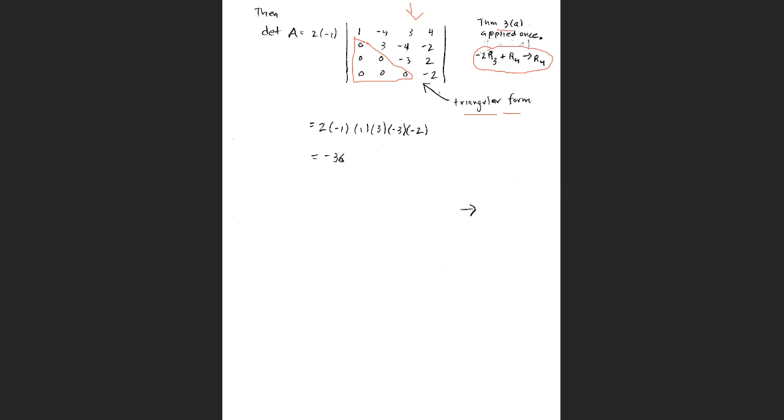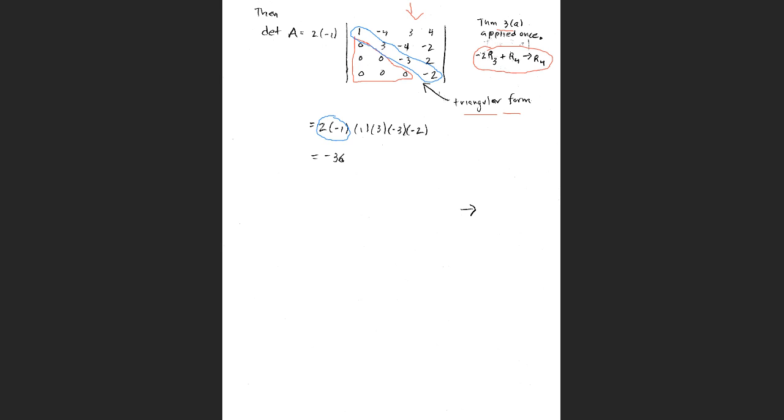So then cofactor expansion is just equivalent to finding the product of the diagonal entries. For cofactor expansion, what column would you expand down? The first column. Okay, very good. And so the 2 times the -1 resulted from the properties of determinants that we applied.